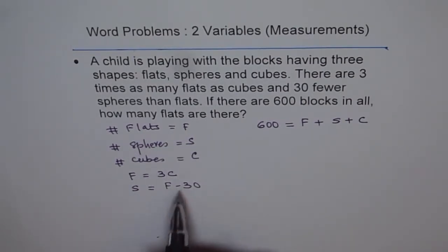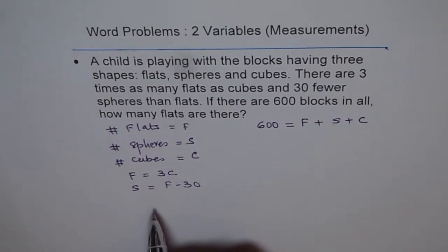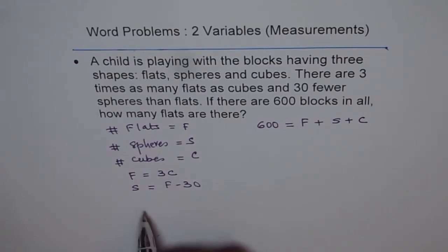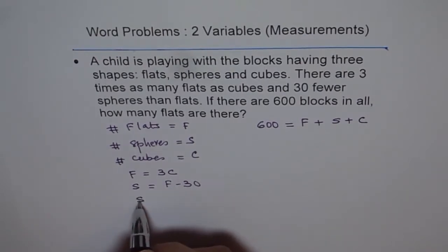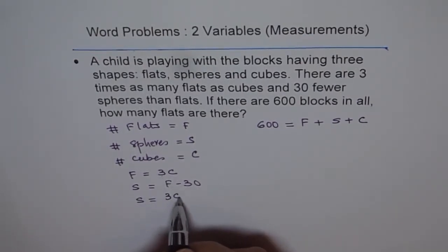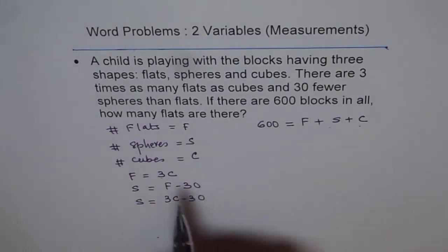Or we can replace f with 3c. So spheres equals, instead of f I write 3c, 3c minus 30. In that case I can write all my variables in terms of c.